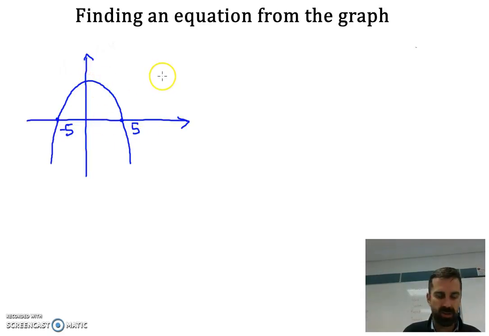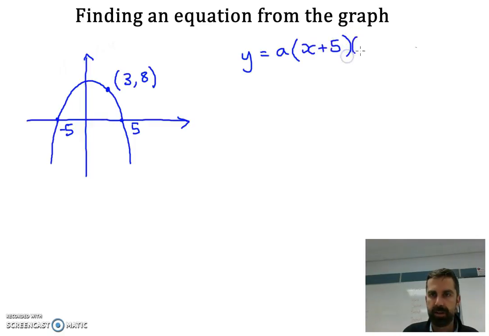I don't actually know the y-intercept in this case, but I do know that there's a point on the line up here which is located at x equals 3, y equals 8. So process is still the same. I'm going to start off with y equals a times my two factors. So in this case, that's going to be x plus 5 multiplied by x take 5.